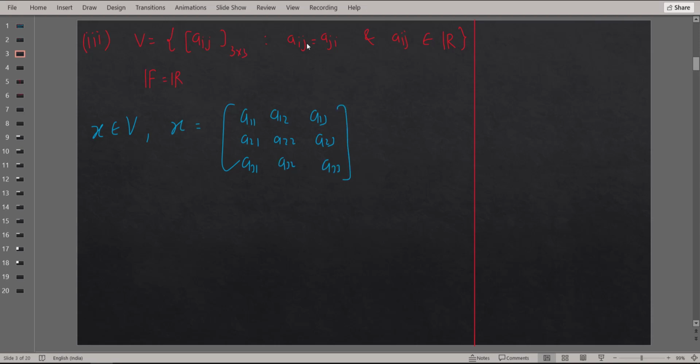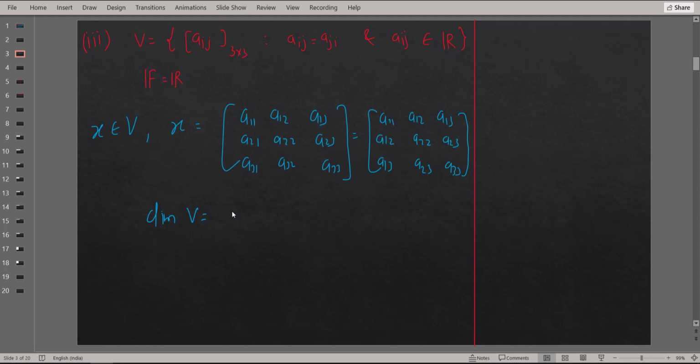Here the condition is given aij equals aji, so a11 remains a11, a12 remains a12, a13 remains a13. Now a21 can be written as a12, a22 remains a22, a23 remains a23. Now a31 can be written as a13, a32 can be written as a23 and a33 remains a33. Now count the number of unknowns.